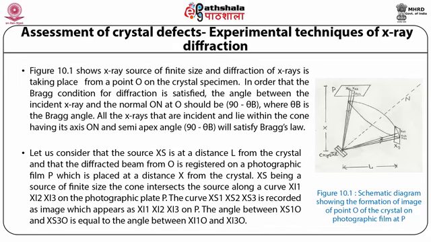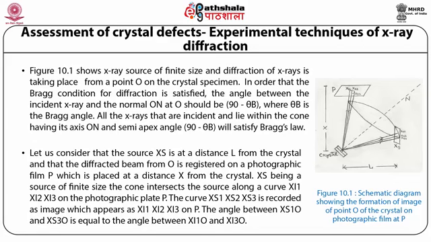XS being a source of finite size, the cone intersects the source along a curve xs1, xs2, xs3.